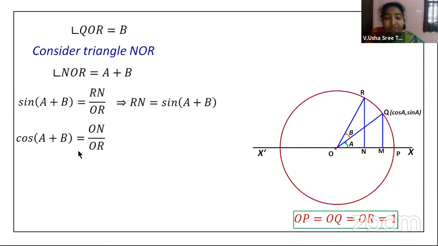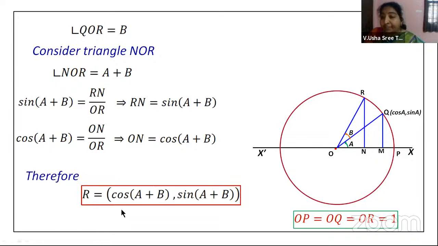Therefore, when you go for cross multiplication, ON will be equal to cos of A plus B. ON, the distance on the x-axis till N from the origin, is cos of A plus B. And at this point, the y coordinate is sine of A plus B. Therefore, we can conclude that R is (cos of A plus B, sine of A plus B). This is the same as the previous one we have taken, but it's a combination of two angles over here.